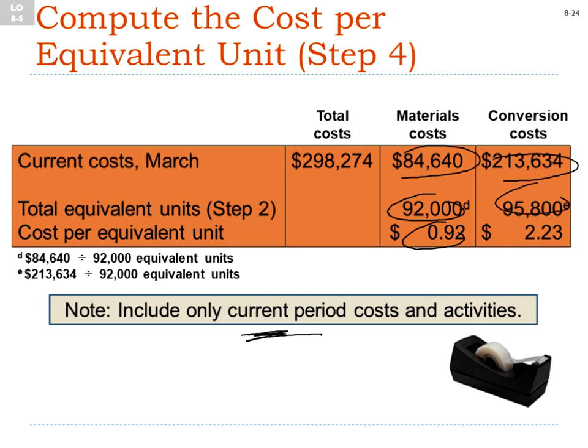We divide that by 95,800 equivalent units, and we get $2.23 per equivalent unit for conversion costs. So to calculate the cost per equivalent unit using FIFO, again, we're only using current period costs and current period activities.